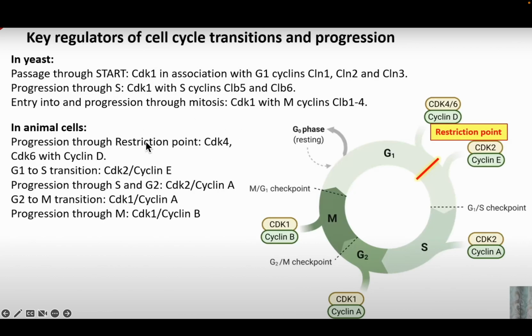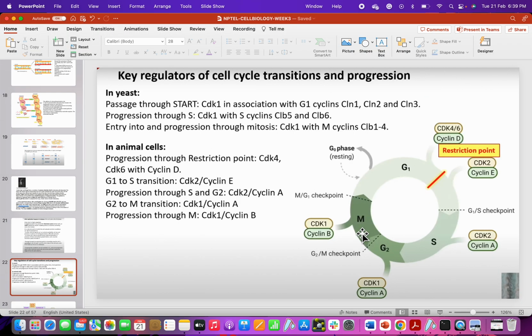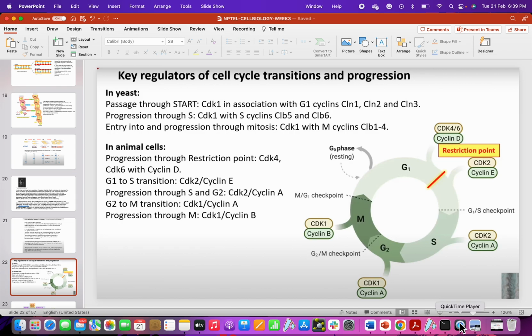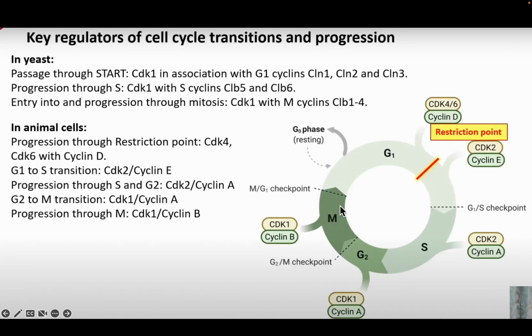In animal cells, progression through the restriction point is regulated by CDK4, CDK6, and cyclin D. G1 to S phase will be regulated by CDK2 and cyclin E. Progression through S to G2 is regulated by CDK2 and cyclin A. G2 to M is regulated by CDK1 and cyclin A, and progression through M is regulated by CDK1 and cyclin B.